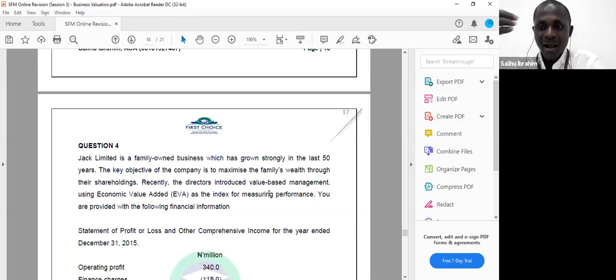Now look at it. We want to calculate our EVA for which year? We want to calculate EVA for 2015, that is, as at 31st December 2015. Therefore, the capital employed that we need is the capital employed as at 1/1/2015, which should be equal to capital employed at the end of 2014.